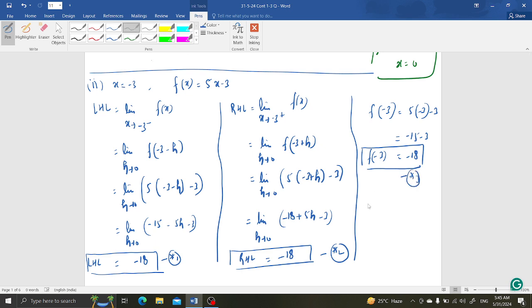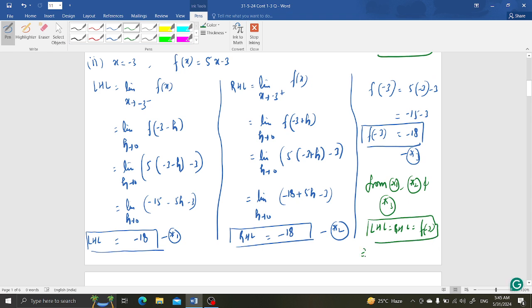So here we can say that from star 1, star 2 and star 3, LHL equals RHL equals f of minus 3, and if we have this, then we say f is continuous at minus 3. I hope you understand both the parts.